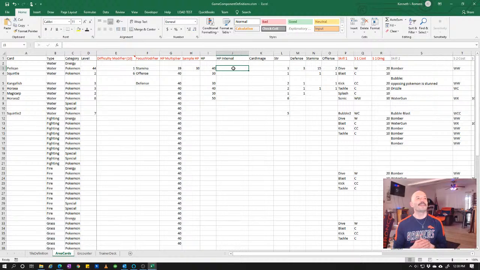What this means is we have to have logic in our HP interval to figure out when the number increases. This is where the math gets a little interesting, because it's going to have to go through and say, okay, when does the number increase? Our HP interval right now is 22 for that guy. That's huge. So it's every 22 levels he'll get more HP.